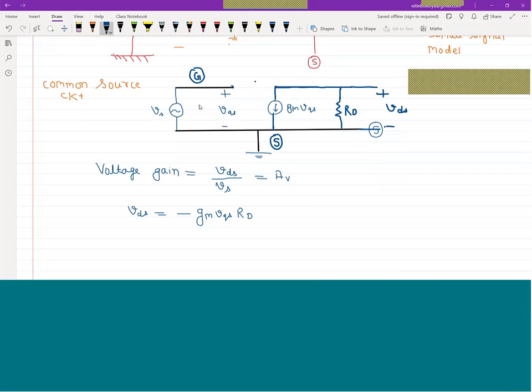And from here we know that Vs is equivalent to VGS. So VDS is equivalent to minus Gm into Vs into RD, or you can say the voltage gain of this circuit is minus Gm into RD.